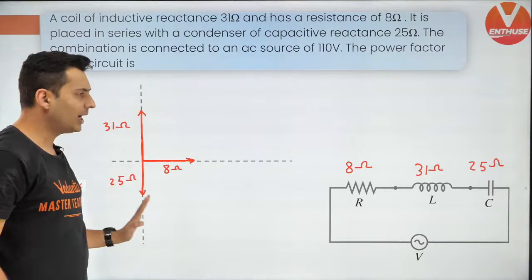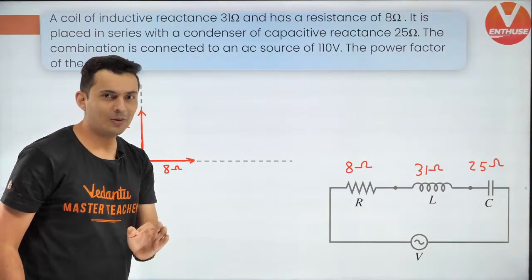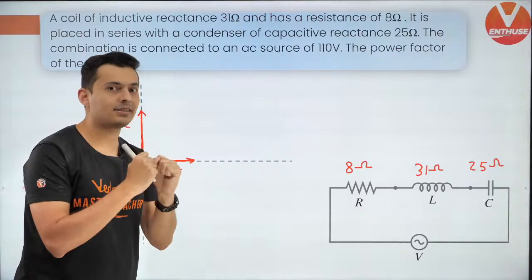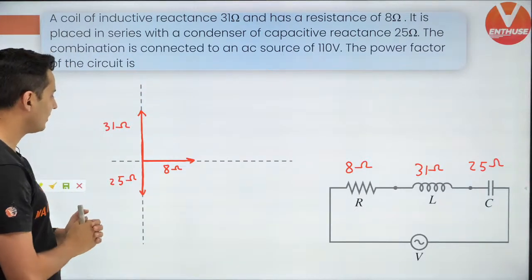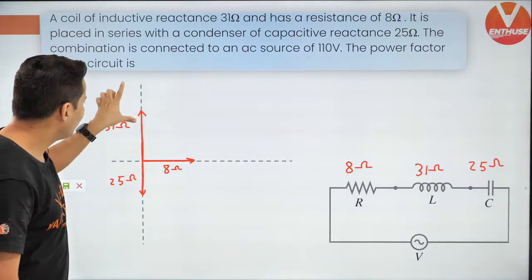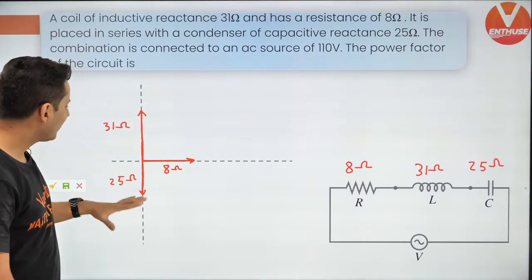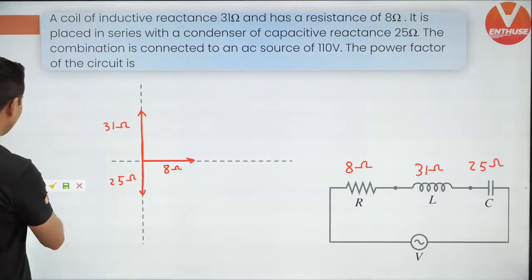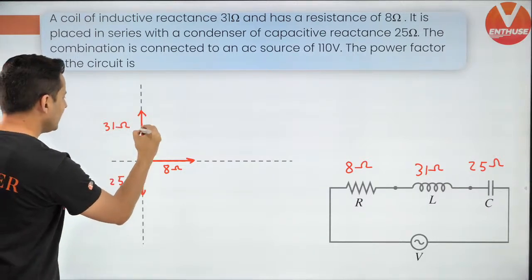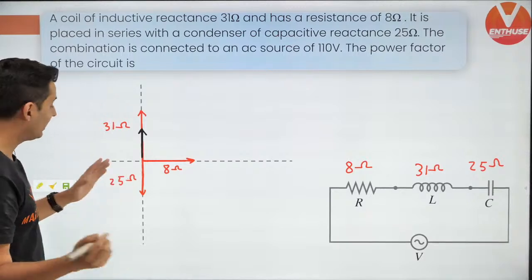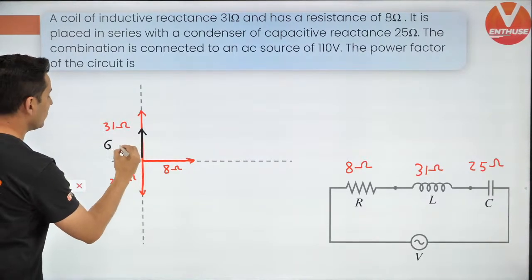But I have to find the net resultant now, to find the net impedance, which is the total effective resistance of an AC circuit. Now, first, just like we solve vector problems, this is a vector here, this is a vector here. I'll get rid of few things like 31 and 25. 31 and 25 effectively give me how many ohms? 6 ohms, guys.